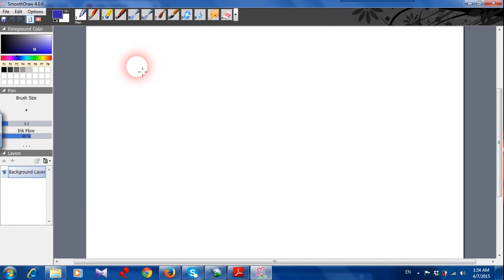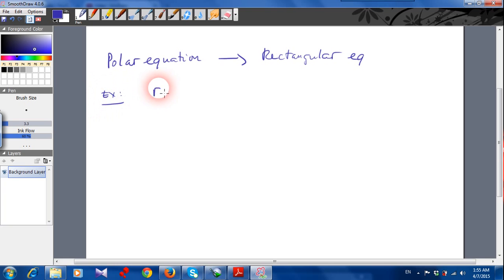Another example: from a polar equation, we change to a rectangular equation. It's simple. r is −6 cos θ.